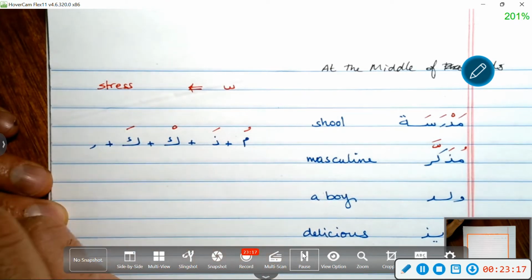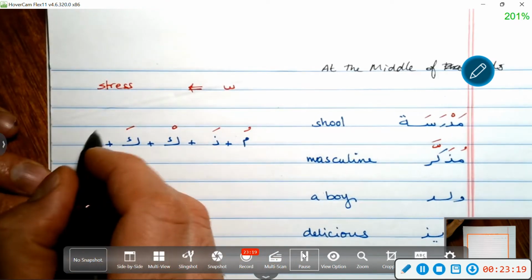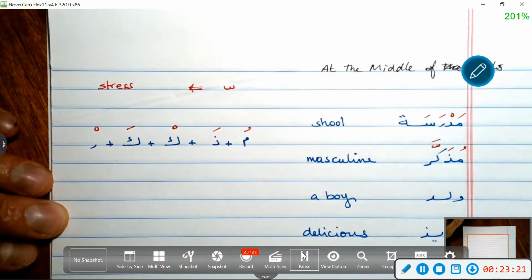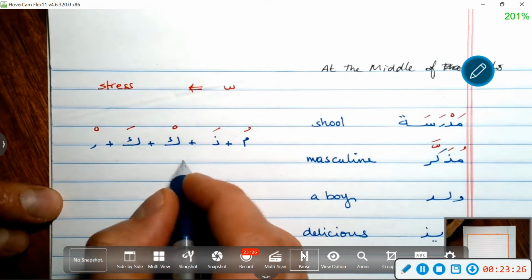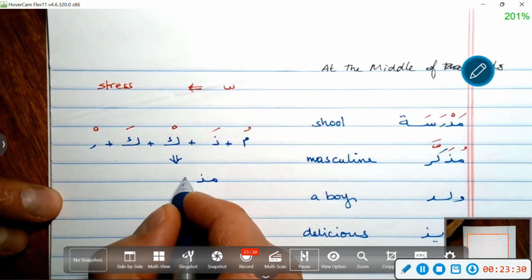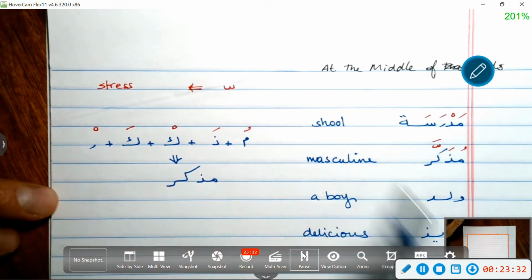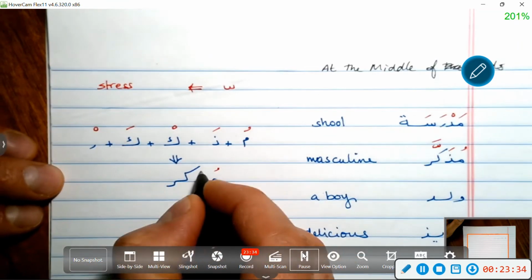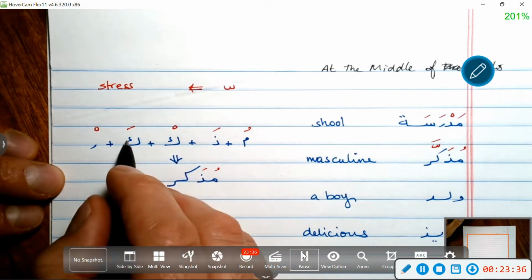Mudakkar, and this is sukun too. So when we add them together, two kaf are going to be combined together, so we're going to put shadda.